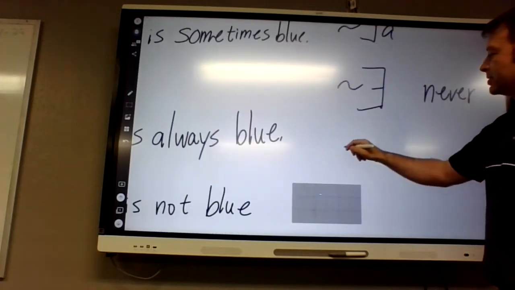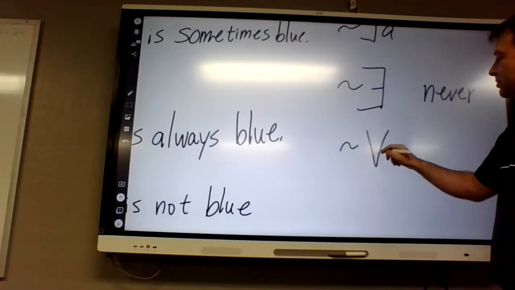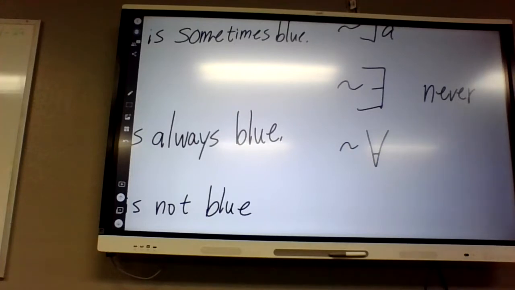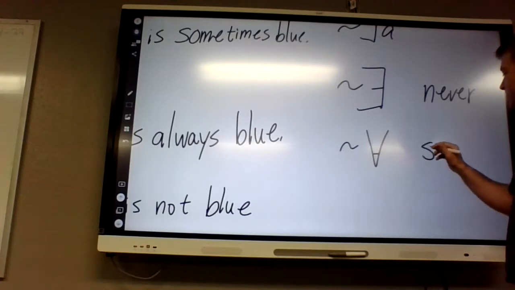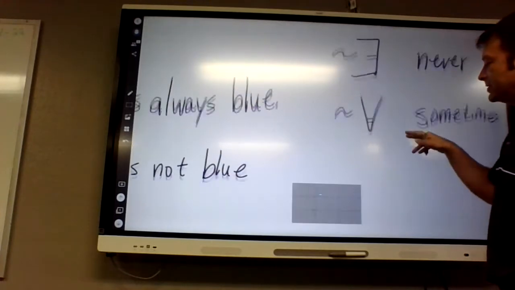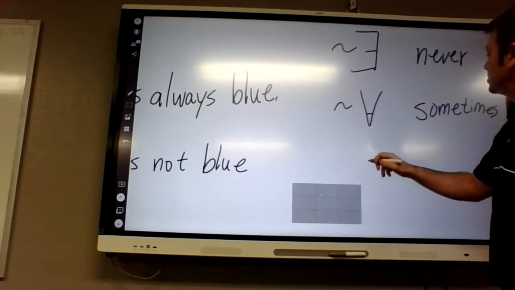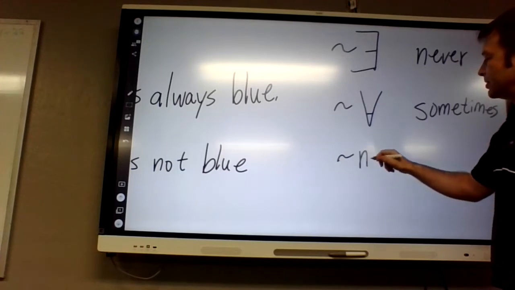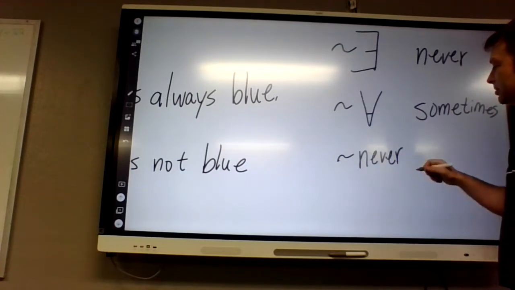Maybe I should have started with this. What's the negation of always? If I say it's not always, what does that mean? Could be sometimes. Not always means sometimes. And if I said not never, the negation of never, there's not really a symbol for that.